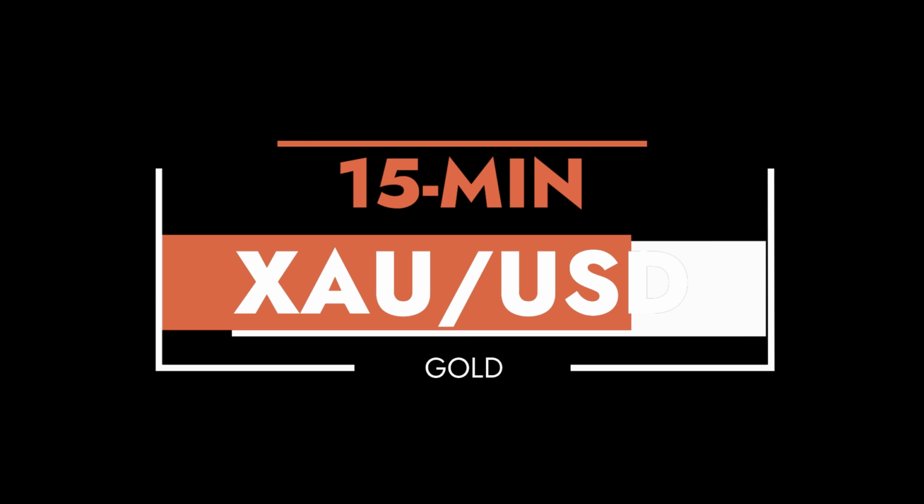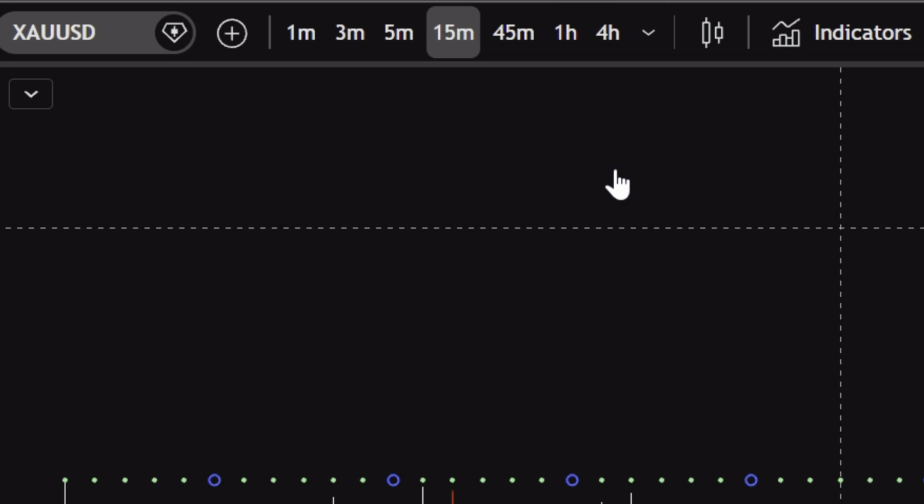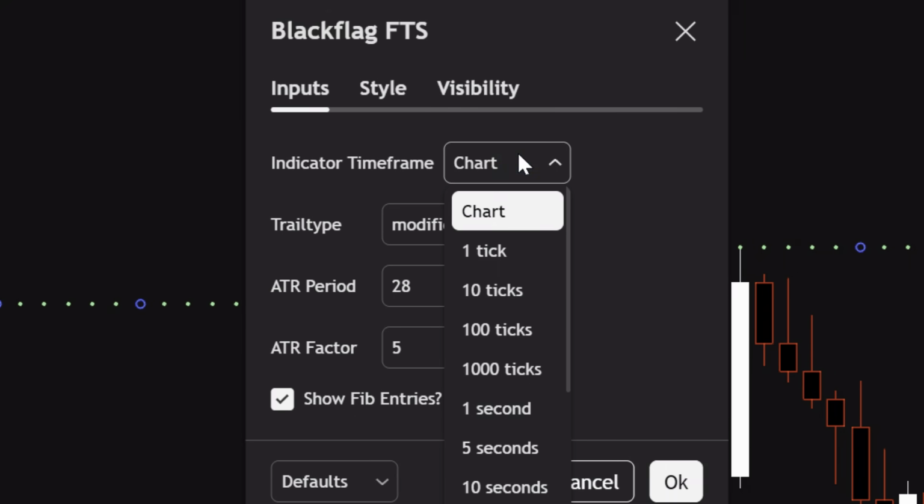On the XAUUSD setup, you're running it on the 1 hour time frame while executing on the 15-minute chart.